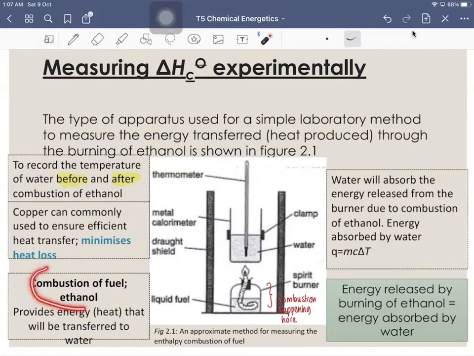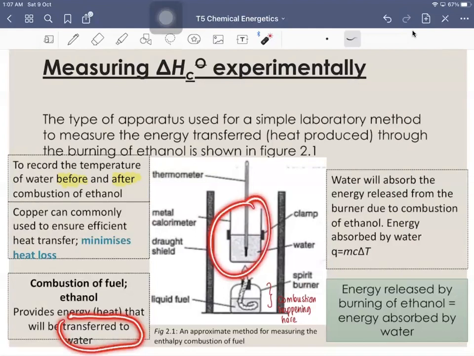This is what I was explaining just now. Combustion of fuel, in this case ethanol. When we combust ethanol, energy is given out and that energy will be transferred to water. That energy is the one that will heat up the water in this beaker. Water will absorb as much as it can. We acknowledge that it's impossible to get all the heat from the combustion, but water will absorb as much as it can.